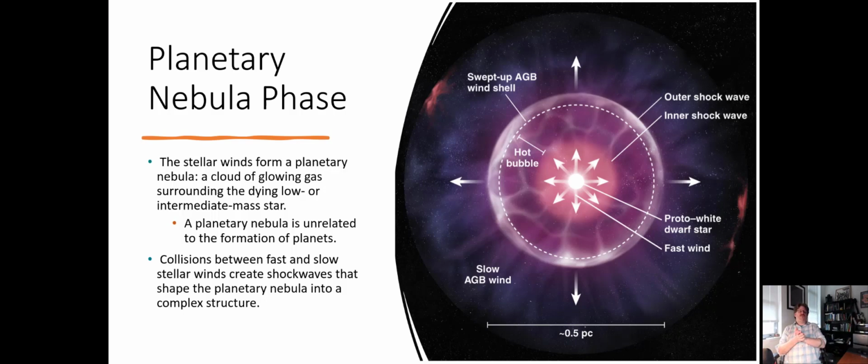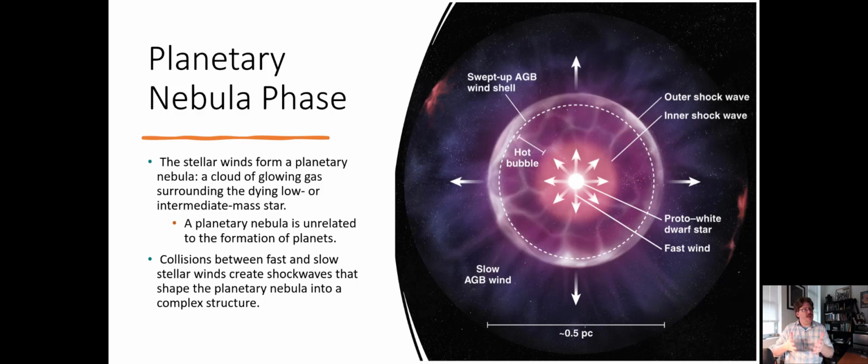And through the process by which the star blows off its outer layers through this stellar wind process, you get the formation of what we refer to as planetary nebulae. Now, planetary nebulae have nothing to do with planets. The reason why it has that moniker is because when they were first discovered, if memory serves, by William Herschel, he noticed that they were disk-like.